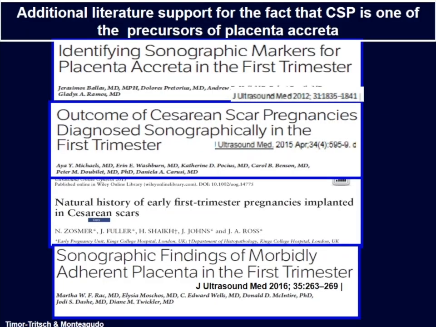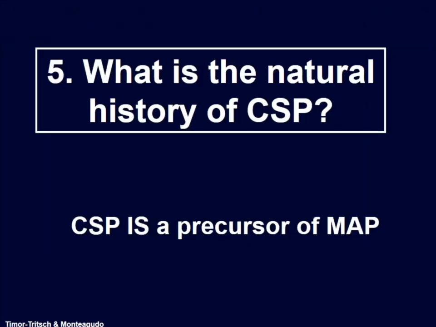Here are 4 articles comprising 40 cases of scar pregnancies in which the patients mostly made it to the delivery of neonates, and it proves that CSP is one of the precursors of the placenta accreta. What is the natural history?